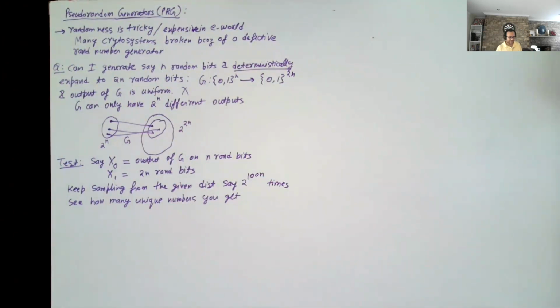Right. So now a very good point. This test is very expensive. Which brings me to pseudorandom generators, and that is exactly why pseudorandom generators are possible.